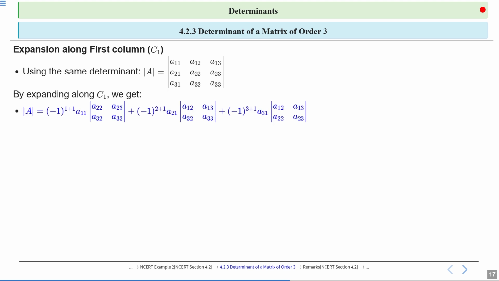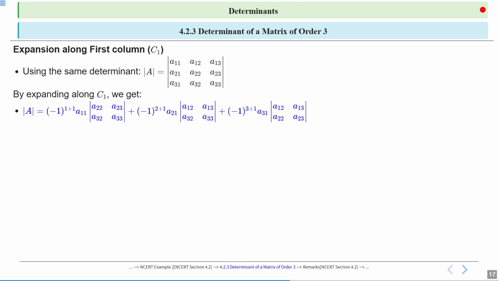So we consider the element a11, multiply with minus 1 to the power i plus j, where the values of i and j are 1, 1, so 1 plus 1, and then multiply with the determinant of the 2 cross 2 matrix obtained by cancelling the first row and first column. That a11 says that i and j values are 1, 1.